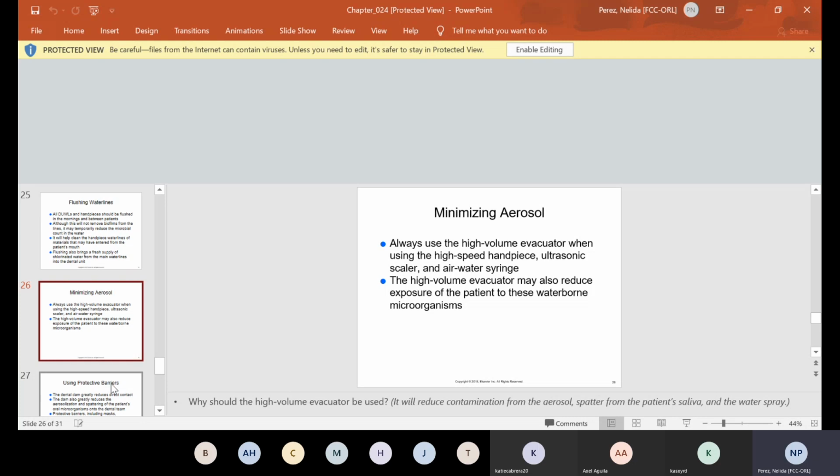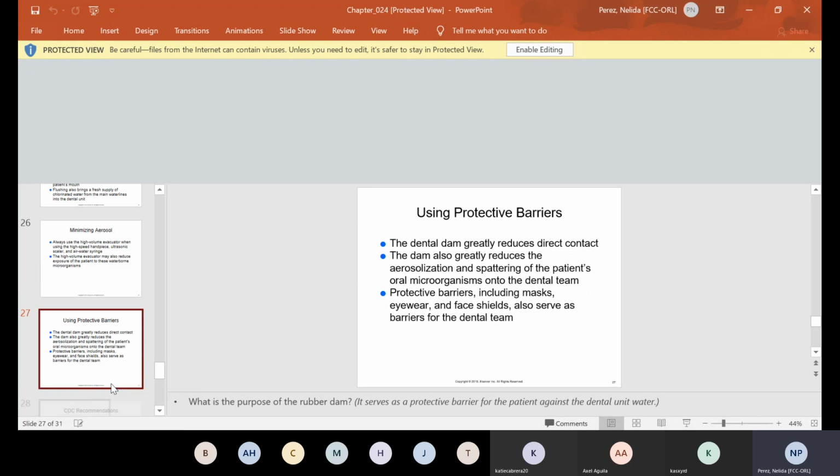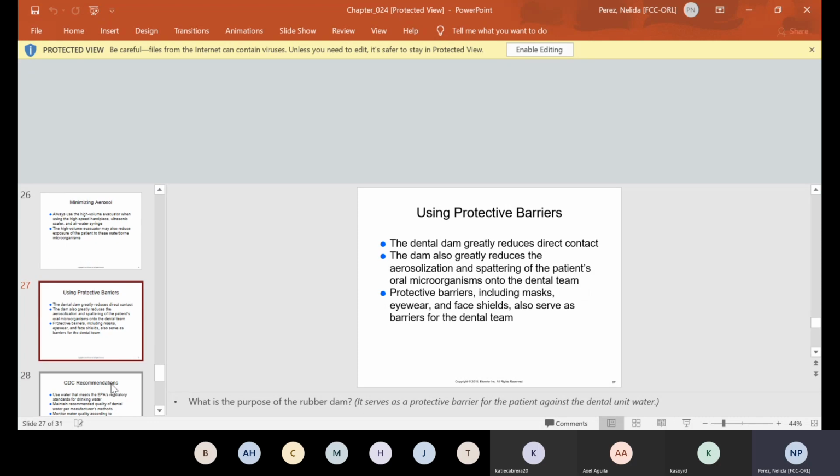Minimizing aerosols. So always use the high volume evacuator when using the high speed handpiece, ultrasonic scaler, and air water syringe. The high volume evacuator may also reduce exposure of the patient to these waterborne microorganisms. The high volume evacuator, or as we call it, the HVE, is what we use to suction the saliva from the patient's mouth.